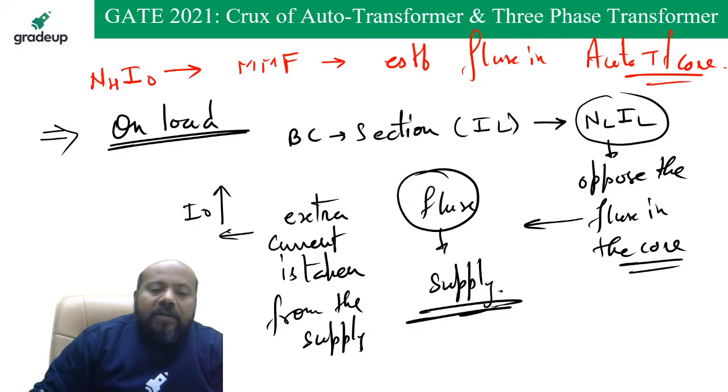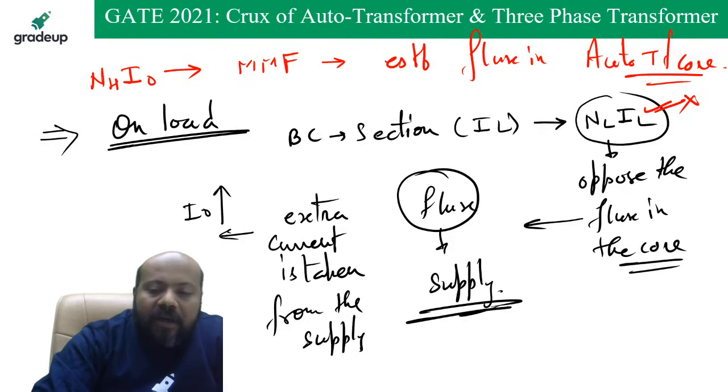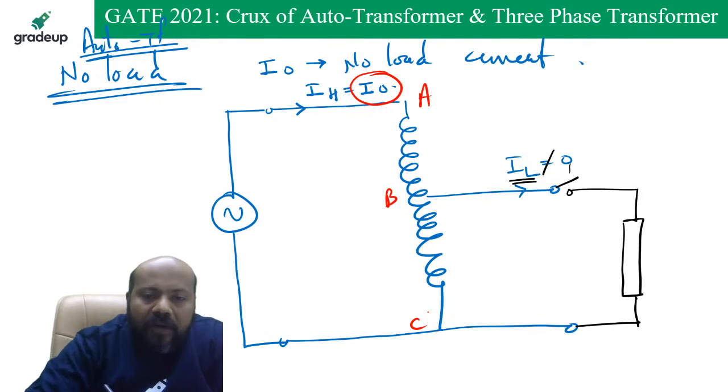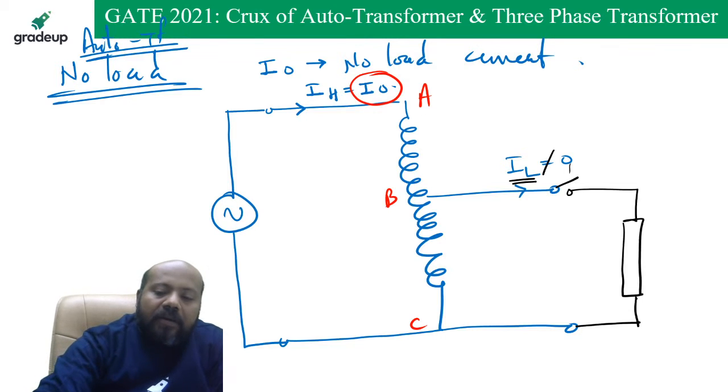See, these MMFs are not exactly NLIL. I am just making a reference out of here. If you see your auto transformer, this is A section, this is B section, and this is C section. You tell me in which parts of the winding transformer action is going to happen.